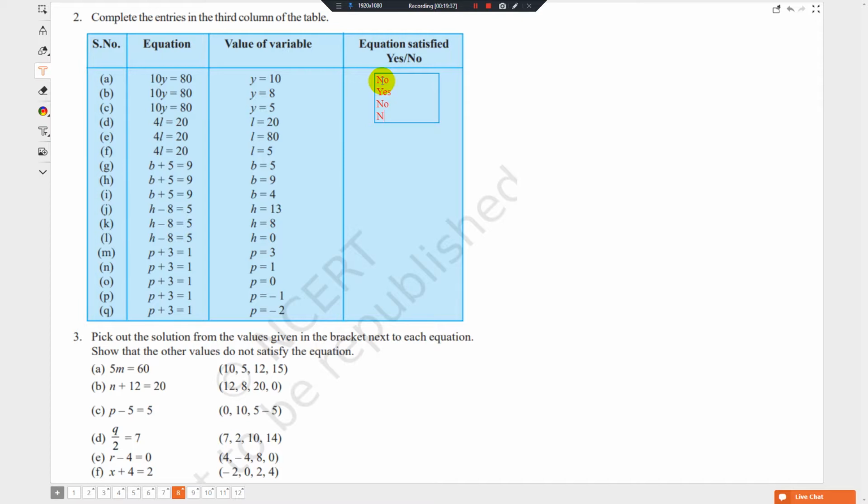So that won't come. No. Now here 4l is equal to 20 and l is 80, 80 fours are 320. So that gives no.